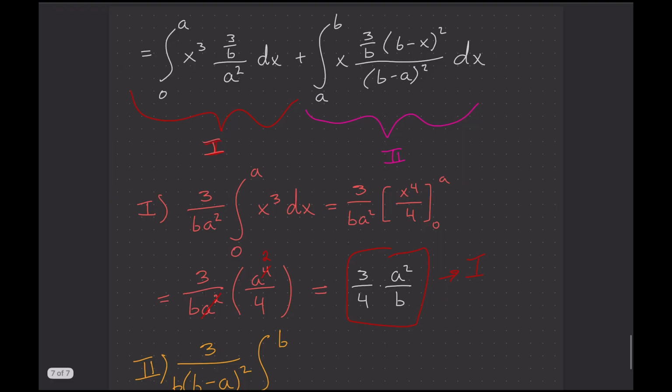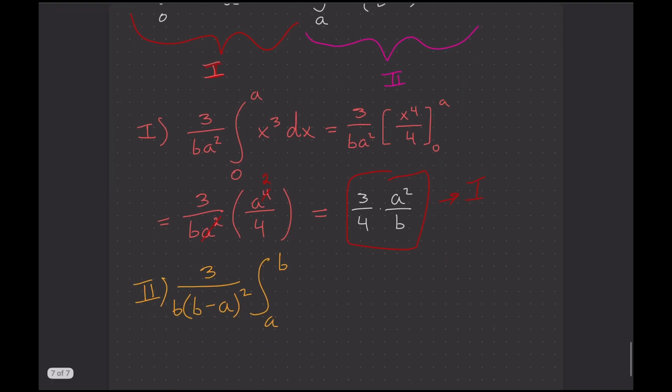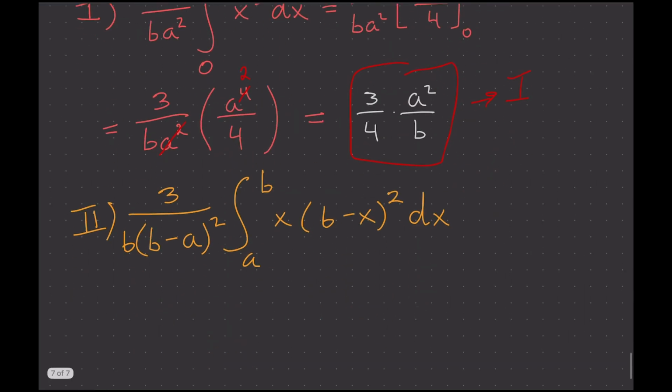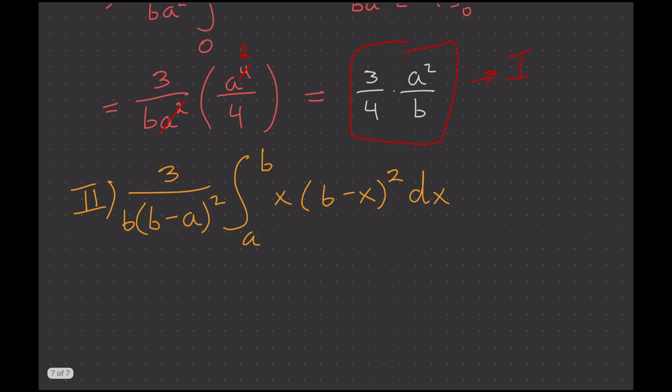What is inside the integral is x times (b minus x) squared dx. How do you solve this integral without getting yourself really in a pickle? I don't think you could do u sub, because if I say u is equal to b minus x, then du is just going to be minus dx.